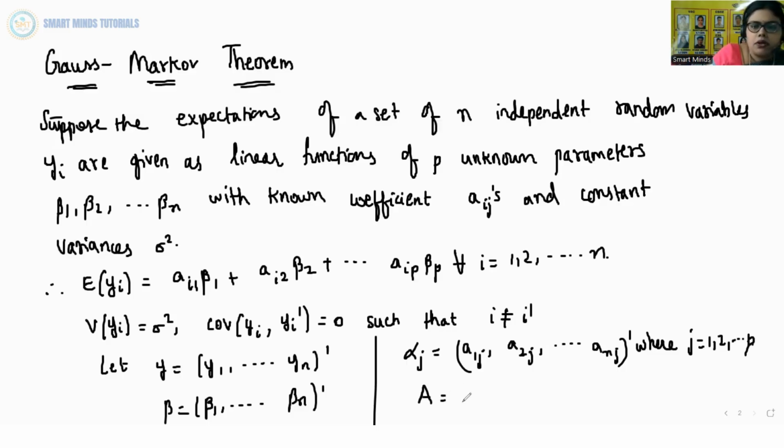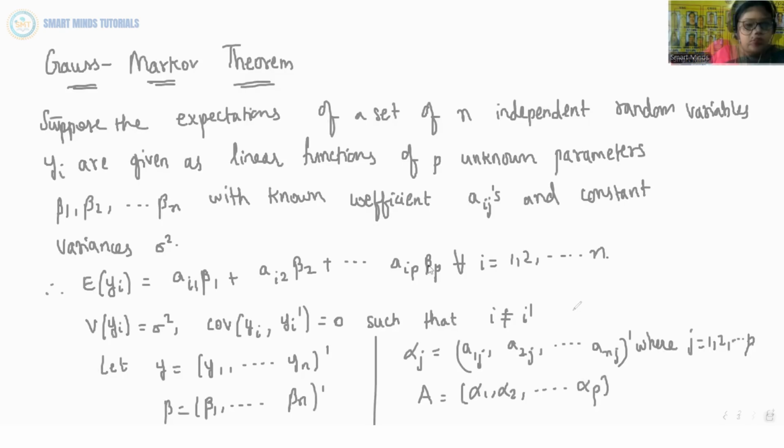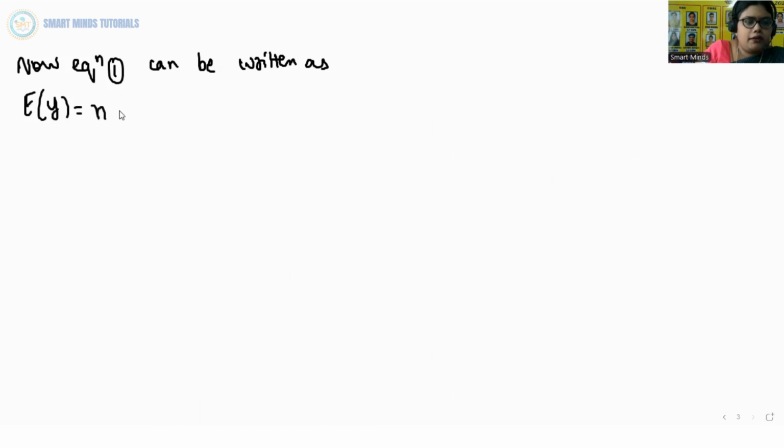So A is equal to alpha 1, alpha 2, so on up to alpha p. Now equation number 1 can be written as E of y is equal to alpha 1 beta 1 plus so on up to alpha p beta p. Let's say this is equation number 2.